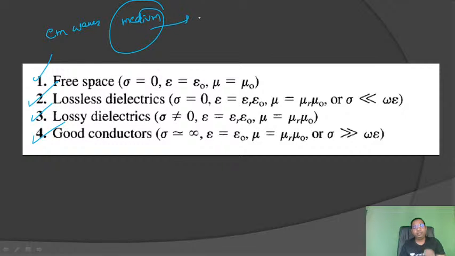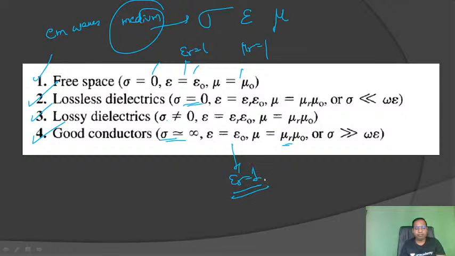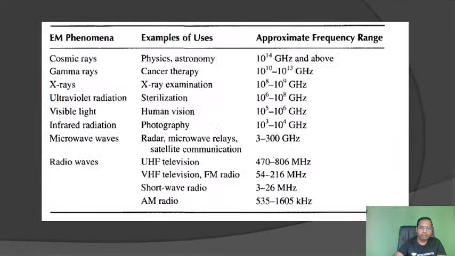We are going to differentiate the mediums with respect to conductivity, permittivity and permeability. In free space, sigma is 0, epsilon r is equal to 1 and mu r is equal to 1. In the lossless dielectric, the conductivity can be taken as 0, lossy dielectric like this, and in the good conductors we can take it like this. In the good conductors also, the relative permittivity is equal to 1.